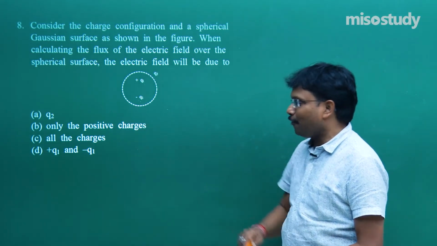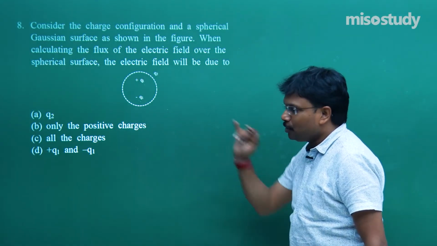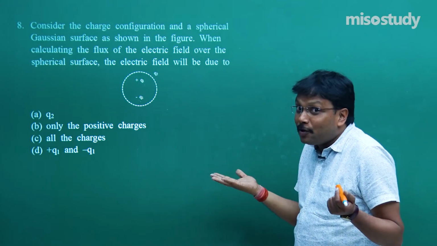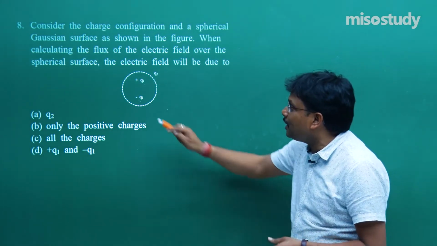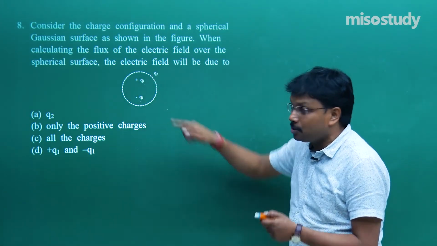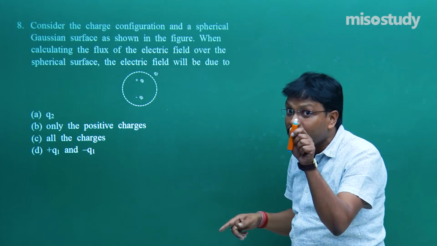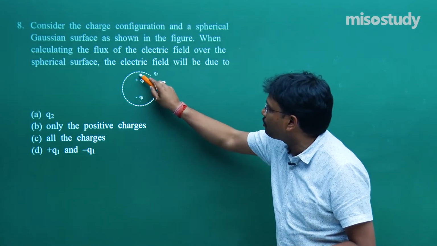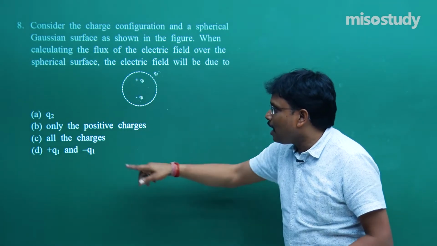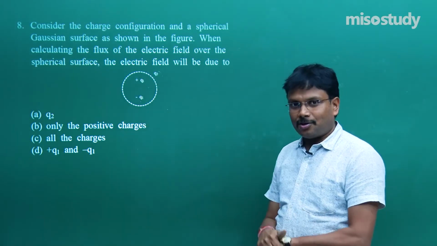And see the beauty of the options: either due to Q2, or only due to the positive charges. Which ones are the positive charges? Rather than saying plus Q1 and Q2, because here no sign is mentioned for Q2, you have to consider it also as a positive charge. So all the charges: plus Q1, minus Q1.